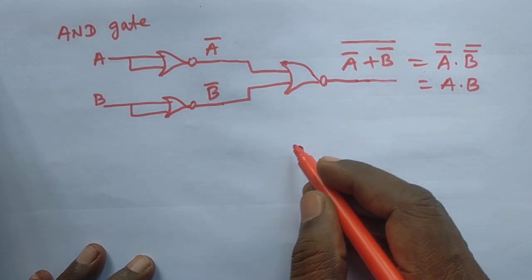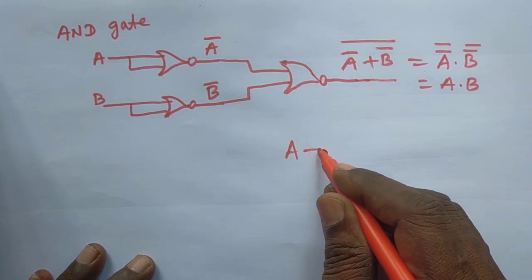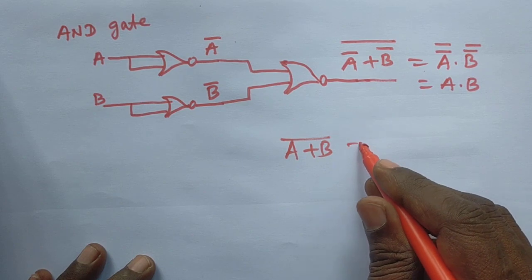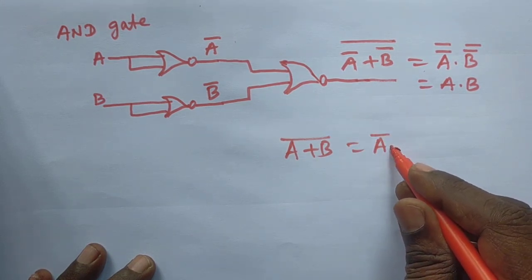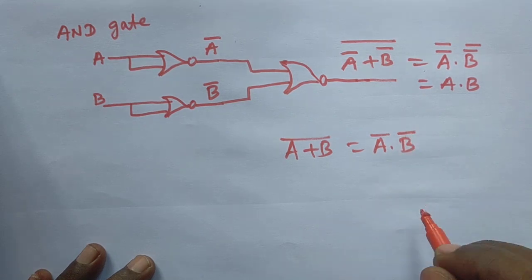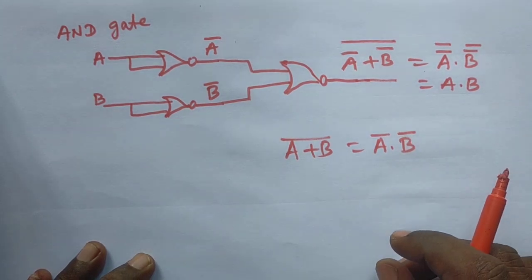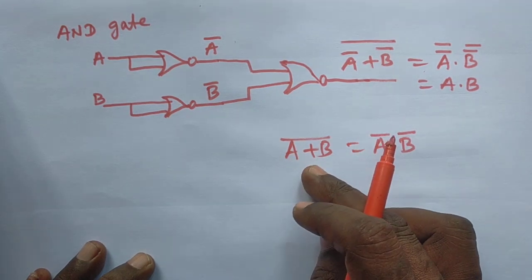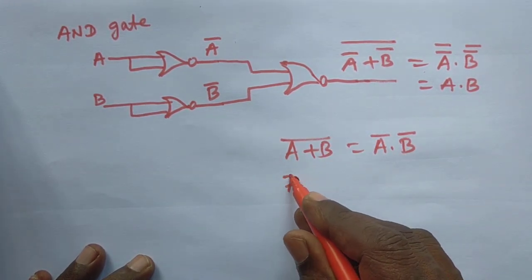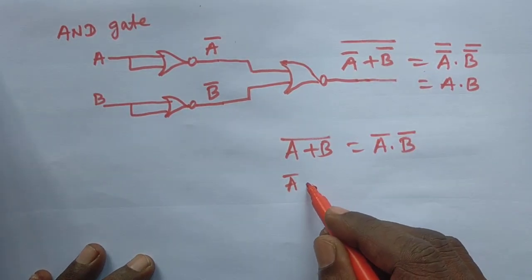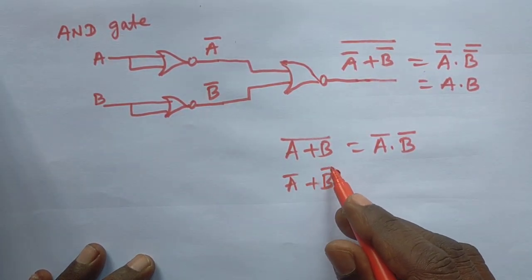Like this we can state De Morgan's law: (A plus B) complement is A complement dot B complement. This is one rule. So instead of A we wrote A complement, and instead of B we wrote B complement.